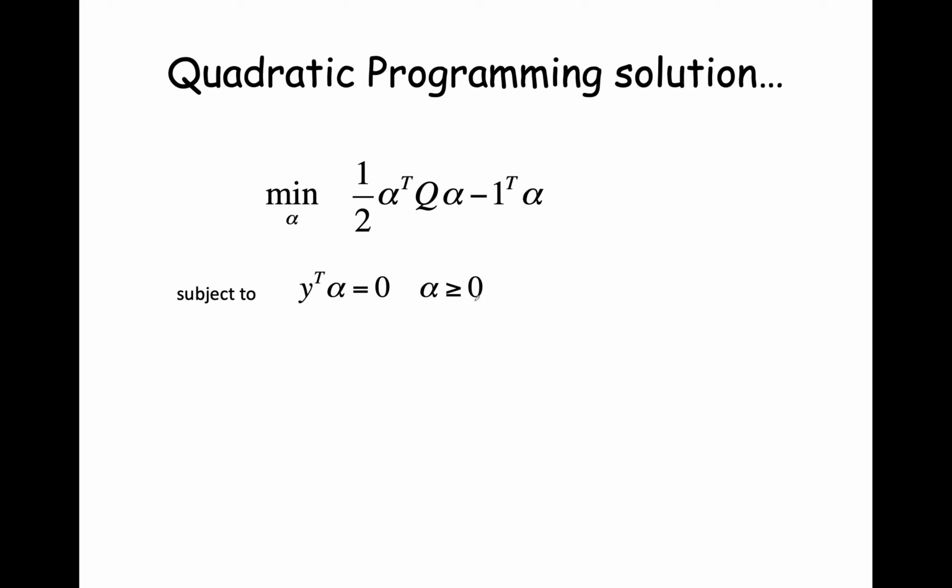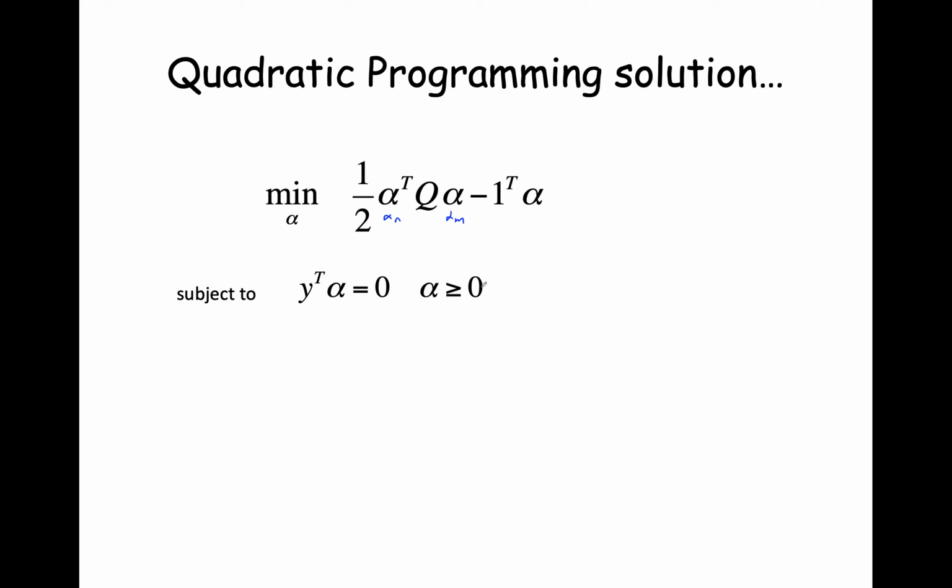So in vector matrix form, our quadratic programming solution is a solution to the following problem: 1/2 alpha transpose Q alpha, where Q is our QP coefficient matrix that we build from the data set, minus 1 transpose alpha, where the rank of this one vector is big N. Subject to the following constraints: y transpose alpha equals 0, and all the alphas are at least 0.